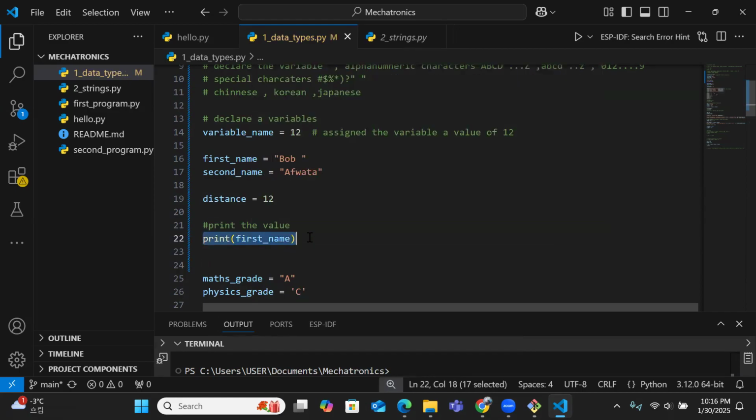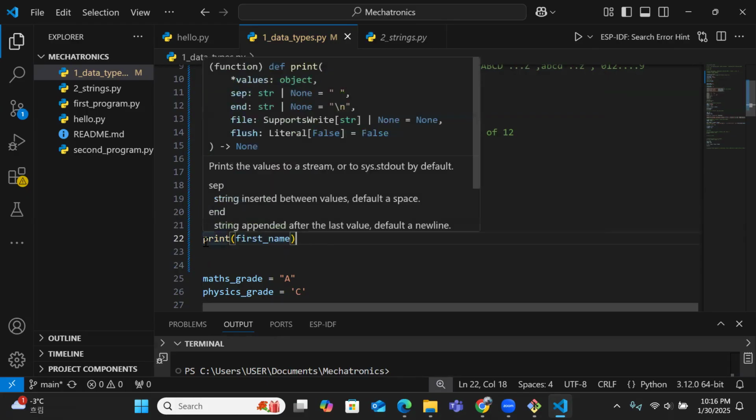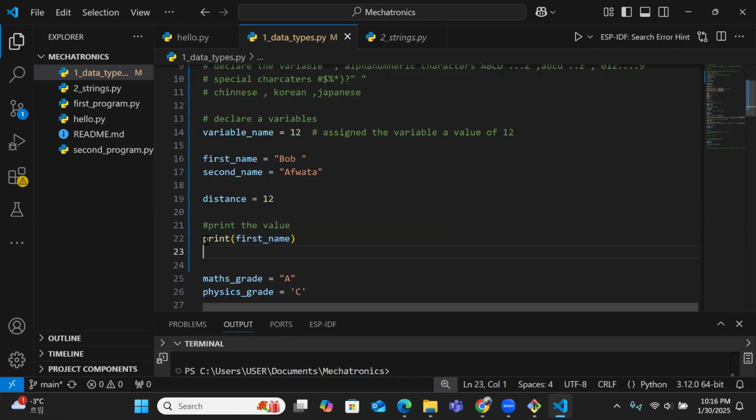You print the value. We will learn what this print is, but this print is called a function. We'll learn it in some time. So you call this function and you give it the first name, and then it will print Bob for you.